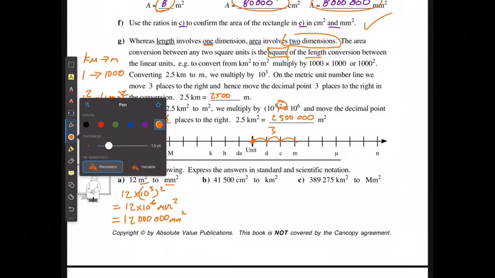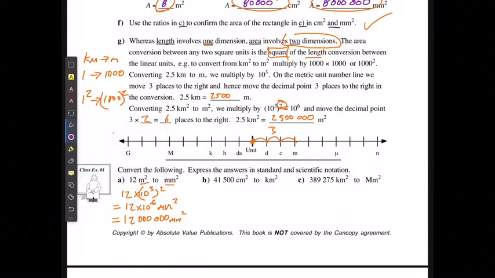If I'm going in the opposite direction, going from centimeters to kilometers, then in this case, to go from centimeters to kilometers, I'm going 1, 2, 3, 4, 5 units to the left.